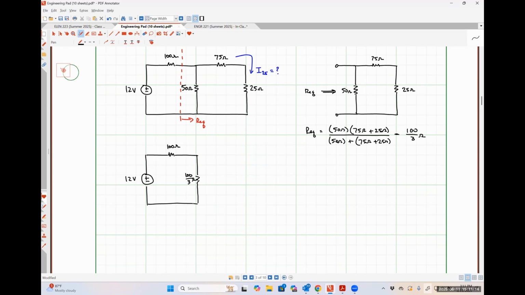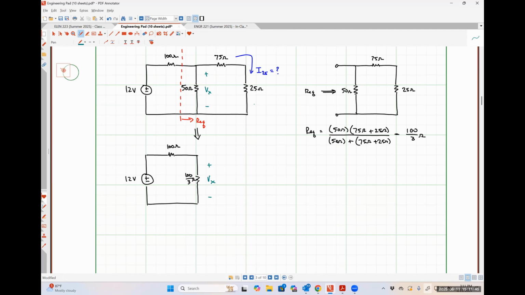Well, the short answer is, with this new electrically equivalent circuit, it's actually pretty easy for me to find this voltage, which I'm going to call Vx. In my original circuit diagram, that voltage Vx would be right here, where it's the voltage drop across the 50 ohm resistor, and it's also the voltage drop across the series combination of 75 ohms and 25 ohms.